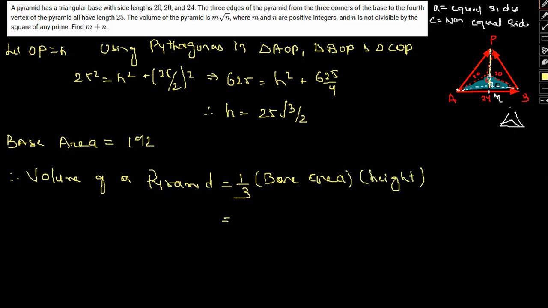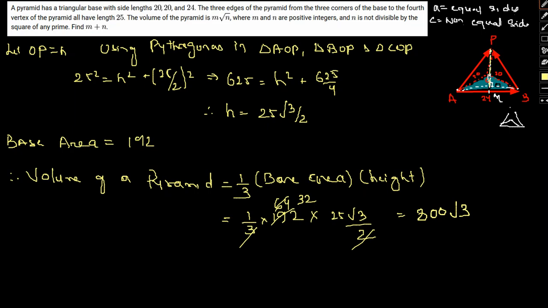So we have 1 by 3 into 192 into height being 25 root 3 by 2. This will further give me 32, so 25 into 32, 800 root 3.